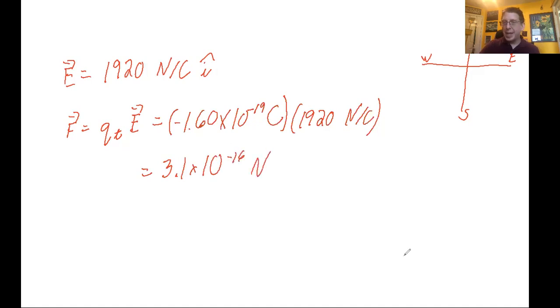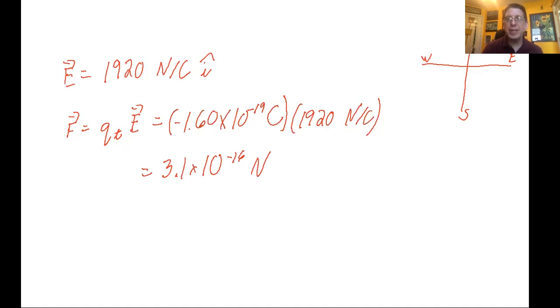And that might seem like a very small force, but you have to keep in mind the electron is not very massive. It's on the order of 9.11 times 10 to the negative 31 kilograms. So you're still talking about an acceleration on the order of 10 to the 15 meters per second squared. So that force is strong enough to produce a large acceleration in the electron.